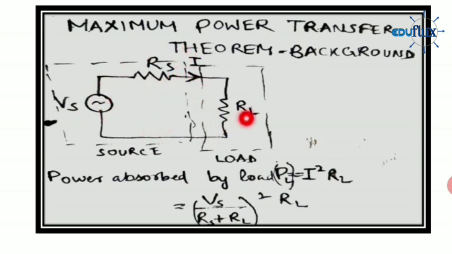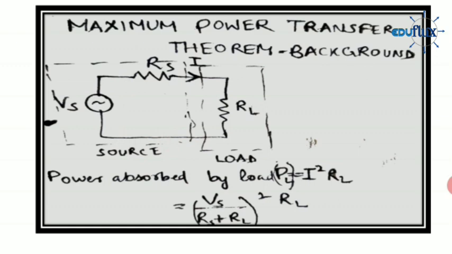Then the load resistor is connected such that this is the resultant circuit, and the source side is marked consisting of the voltage source and the source resistance, and the load side consists of the load resistor. Current I flows through the series circuit upon connecting the load resistor. For simplicity, the source is considered to consist of only resistance and not reactance, and the source is also assumed to have constant voltage.